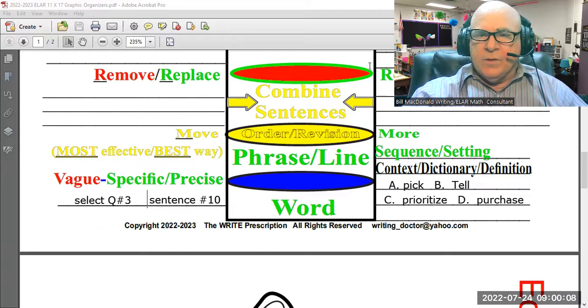So let me minimize the graphic organizer and maximize the question that we were looking at.